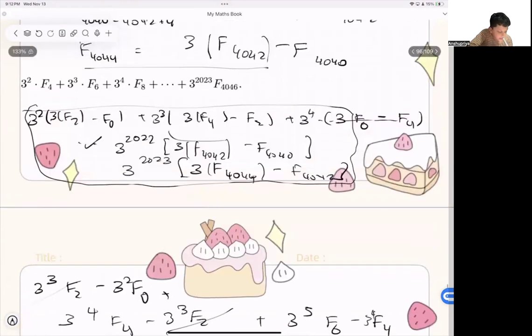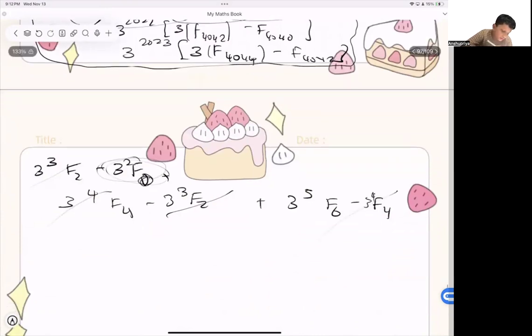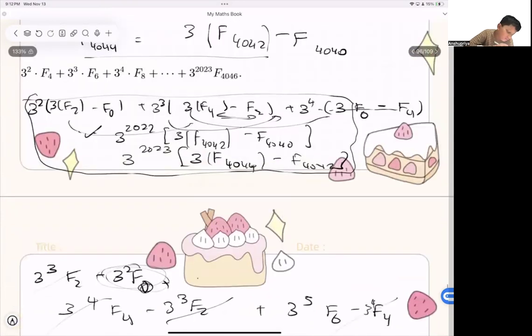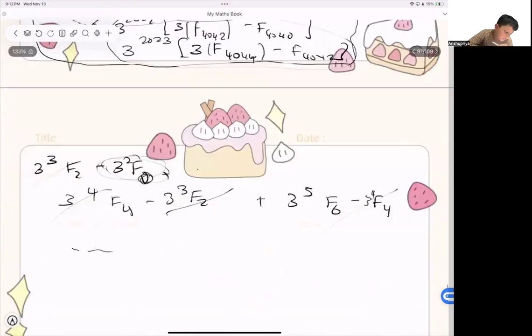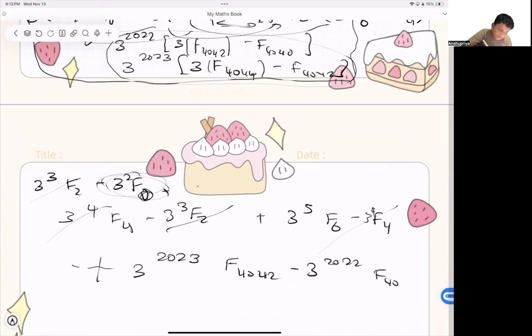Because the power is increasing by 1 and the index is going 2 back, all will cancel except this term, because we don't have any F0 there. And the last two terms, let us see.